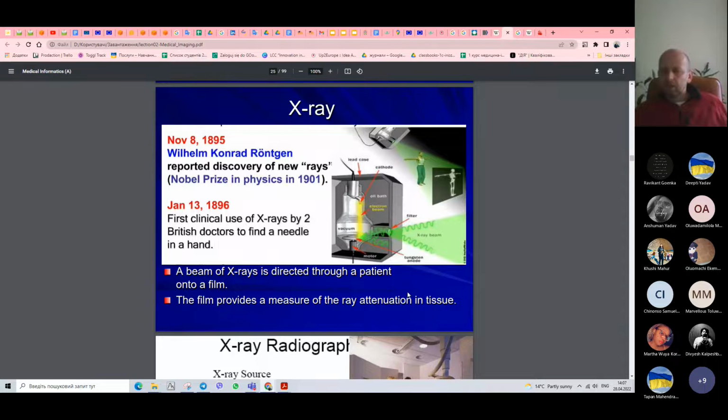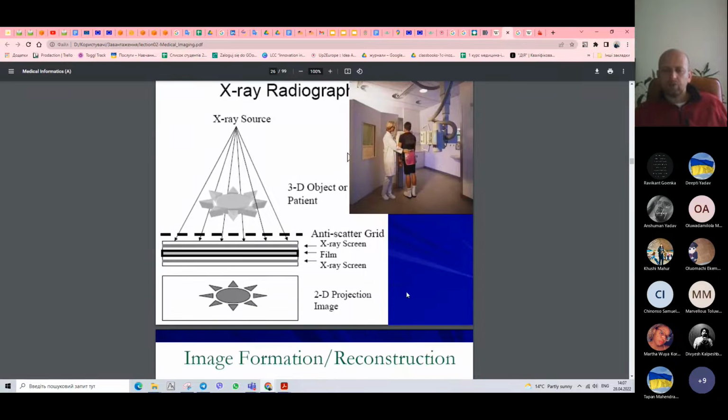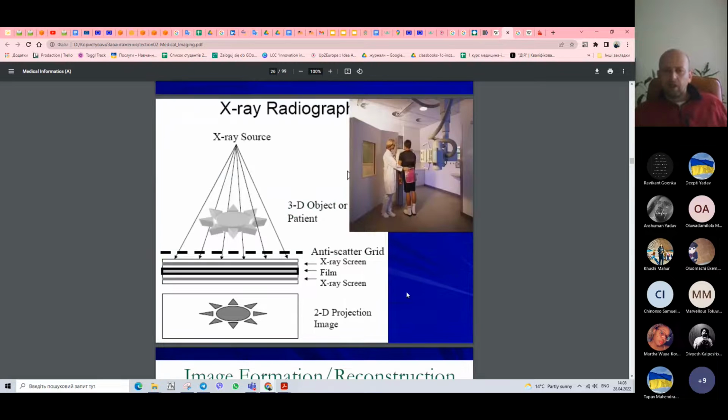What principle is stored there? We can see in these pictures. As you understand, X-ray goes across the body, and as a result, film or sensors identify the amount of X-ray which comes to the sensor.